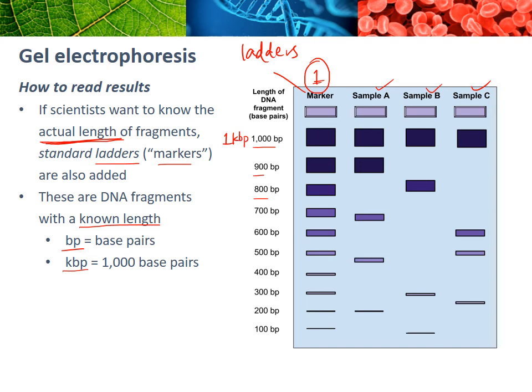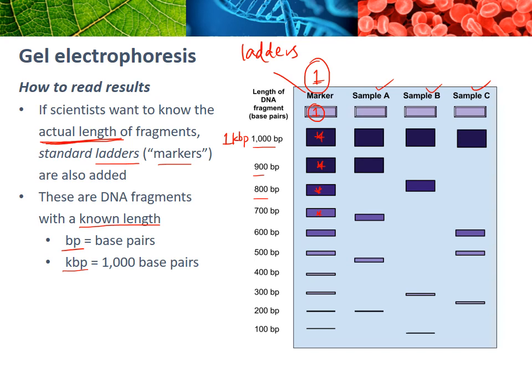So in this first well, in well number 1, there would have been lots of different DNA fragments placed in there. Some of them were 1,000 base pairs long, some were 900, some were 800, some were 700, 600, 500, 400, 300, 200, 100.